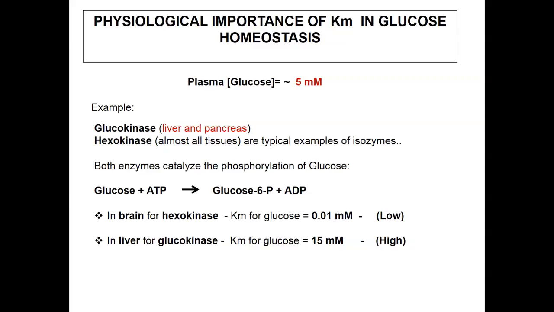So the glucokinase will not touch the glucose until the level goes sky high to 15 millimolar. At that point, it starts phosphorylating the glucose and traps it in the liver so it can be laid down as glycogen. So glycogen can form, and then you have storage for glucose. But we're going to talk about gluconeogenesis later on.